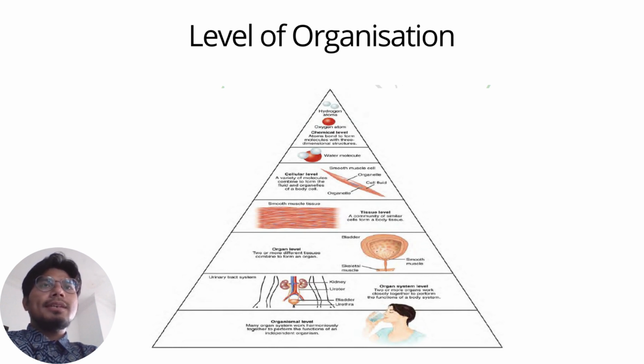For example, we have a urinary bladder that will perform its function for urination, and two or more organs work closely together to perform the function of a body system. And we reach the highest level when all organ systems work homogeneously together to perform the function of an independent organism. So we say human is the organism level, since we have all the systems to sustain our life.